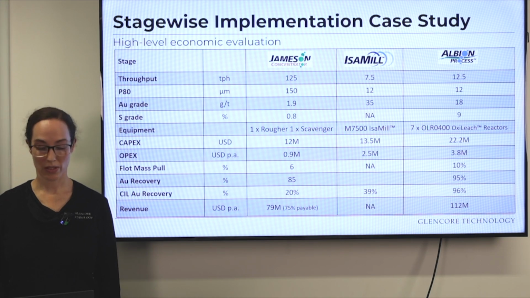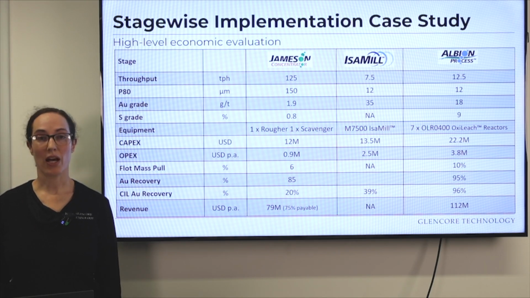In stage 2, the IsaMill selected was an M7500. In this particular project, it is important to note that stage 2 and stage 3 were implemented concurrently, as the gold recovery with just an IsaMill was only 39%. So this IsaMill allowed for a P80 of 12 microns to be produced.